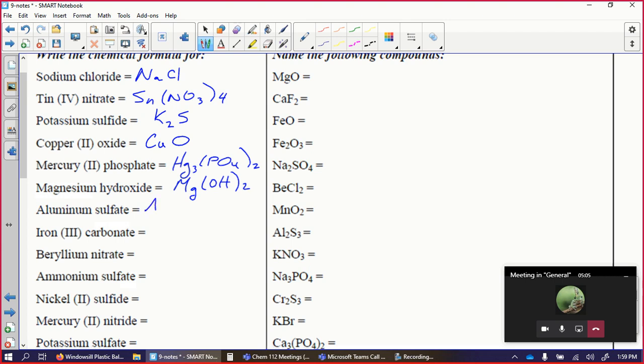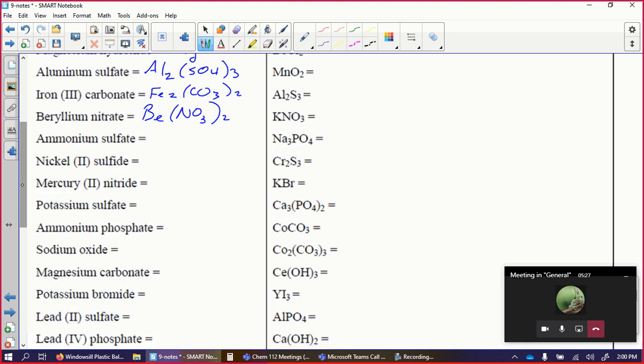Aluminum sulfate. Another 2-3 thing. Iron carbonate, another 2-3 thing. Beryllium nitrate, beryllium is +2. Nitrate is -1. Ammonium sulfate.